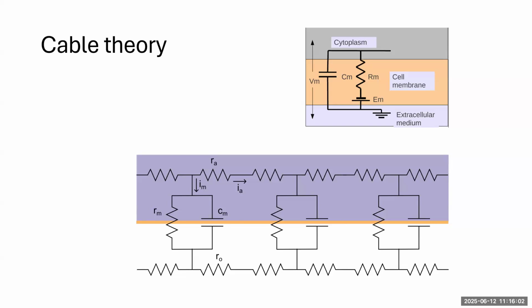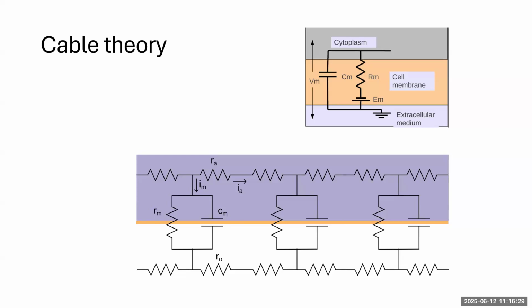So it is a conductor. But even a conductor, unless it is a superconductor, has some finite resistance. Okay? So this is called axial resistance, cytoplasmic resistance, internal resistance. There are multiple names for this. We'll use axial resistance. And the current that passes through will be the axial current.